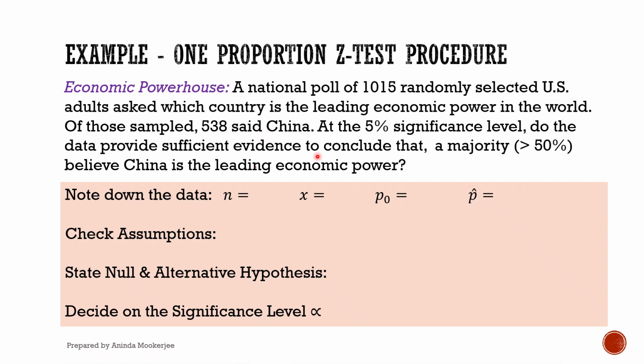So the question being asked here is to perform a hypothesis test to conclude whether the majority of the entire population also believe that China is the leading economic power, whether the sample study is true for the entire population.